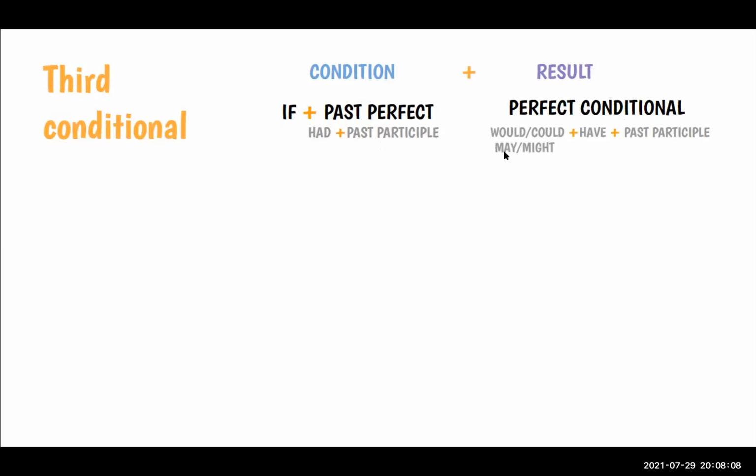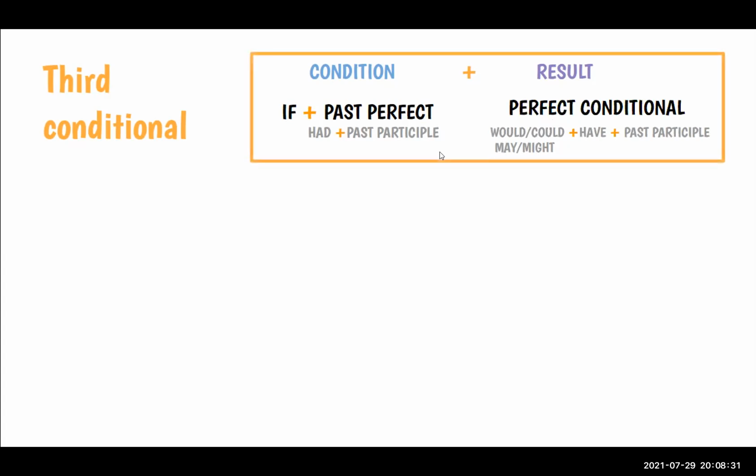And we can use may or might when the situation is less certain, less probable. Okay? So these are used when the situation is not so certain. And could is when something is possible. Okay? When we are talking about possibility. And may and might when something is not very certain.